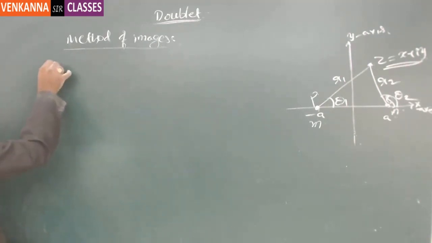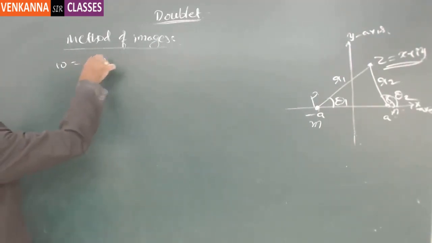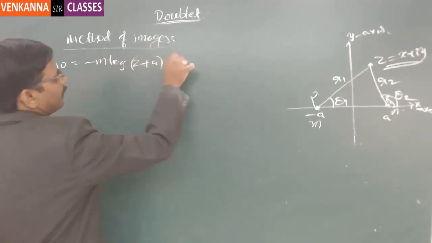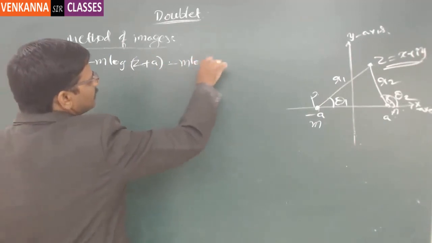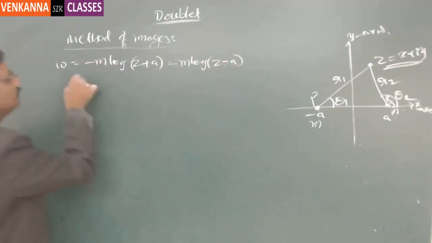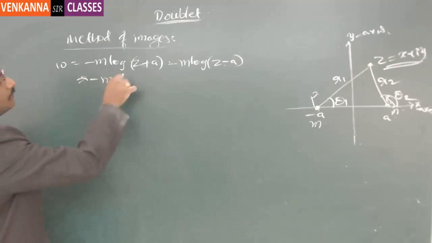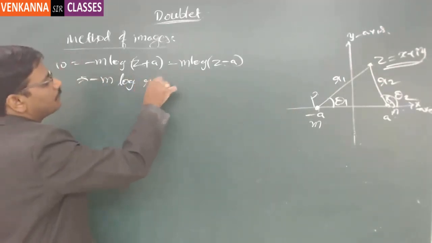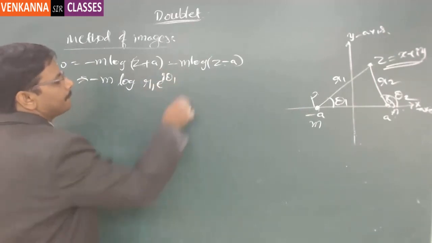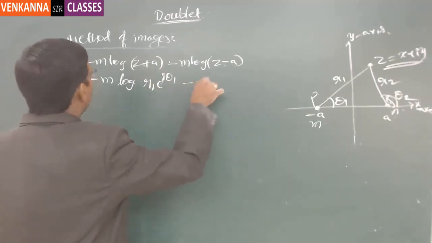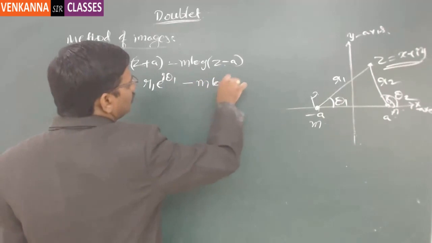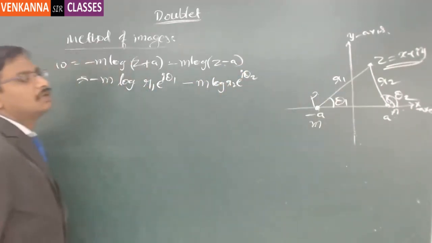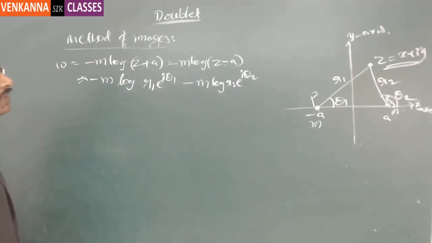So W is equal to minus m log (z plus a) minus m log (z minus a). So this can be represented as minus m into log of R1 e power i theta 1, minus m log R2 e power i theta 2. Theta 2 is on the other side, so that is always treated with respect to the positive x-axis.